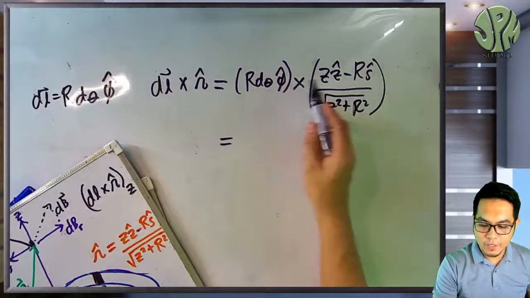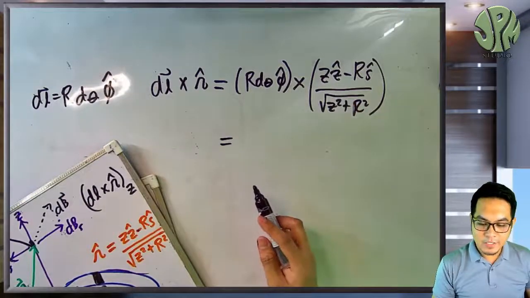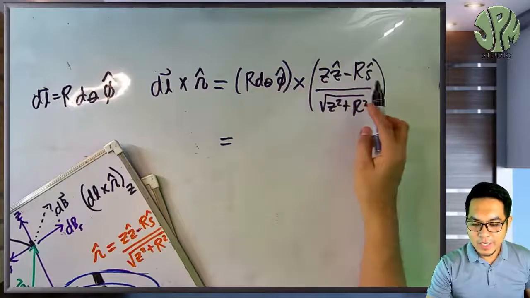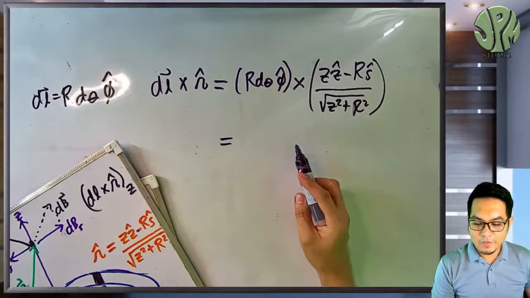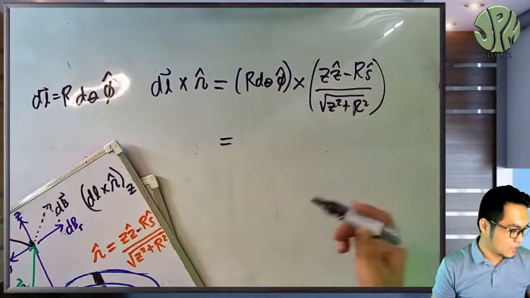So you have φ cross z, the answer of that is s hat, and φ cross s hat, the answer of that is negative z hat. But there's a negative sign here, so you will have a positive z.